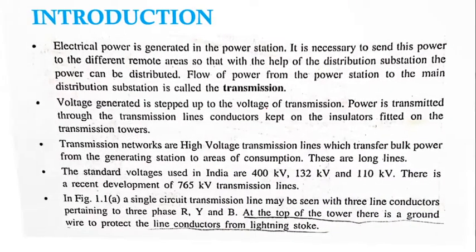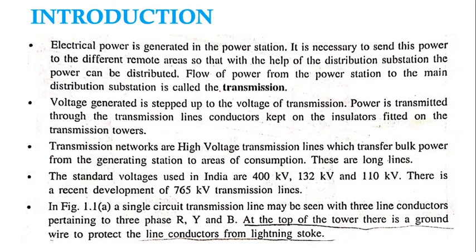So starting with the introduction, electrical power is generated in a power station. It is necessary to send this power to different remote areas so that with the help of distribution substations the power can be distributed. So the ultimate goal is to distribute power to the consumer. The flow of power from the power station to the main distribution station is called a transmission line.